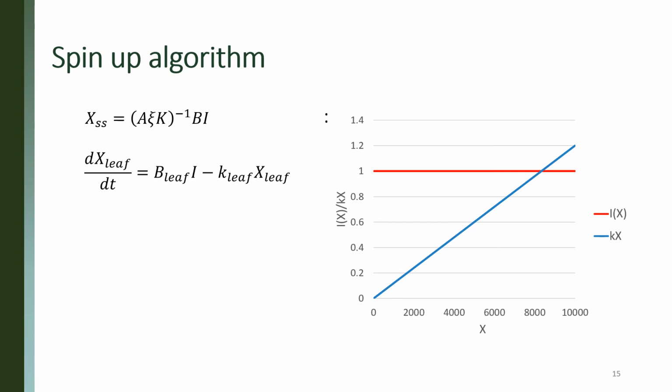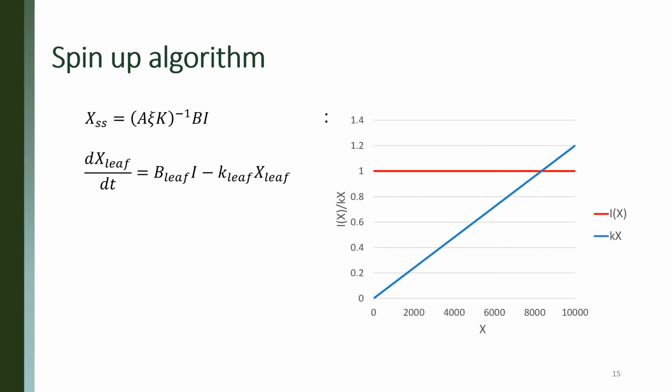The red line represents the first term of the second equation, while the blue line represents the second term. The point where they cross represents the solution of the steady state, because the left-hand side of the equation should equal 0 at the steady state. There is only one cross point, so there is only one solution. This is under the assumption of a linear model.